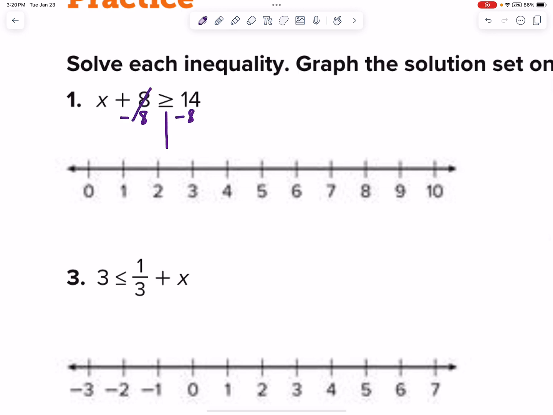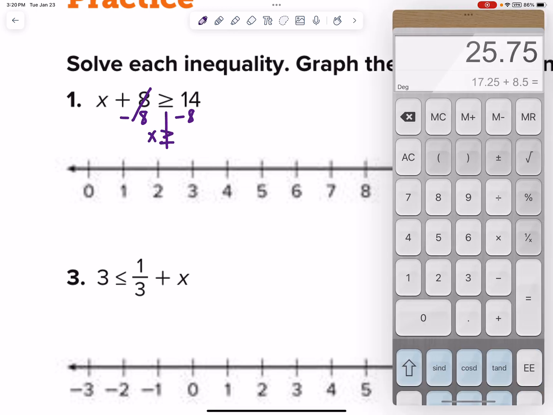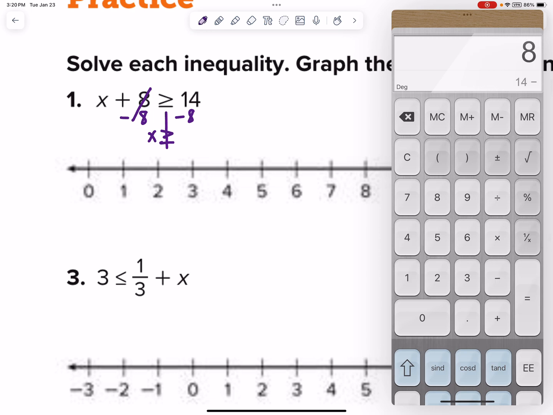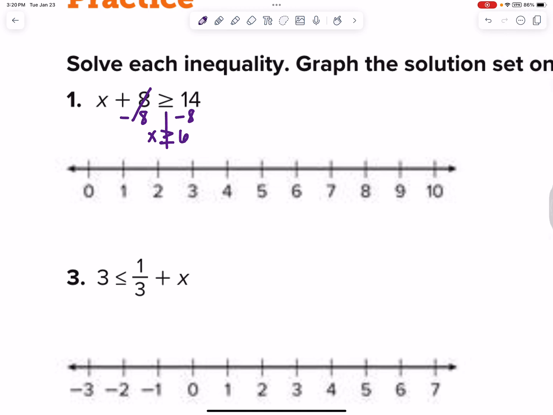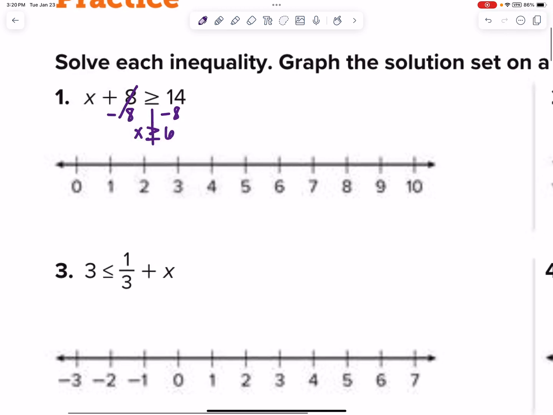Okay, so that goes away, and we are left with x is greater than or equal to, and then you can go ahead and do your 14 minus 8, which is 6. And so we have x is greater than or equal to 6. Now, they already wrote a really big number line for you. Okay, so there's my target number, 6.